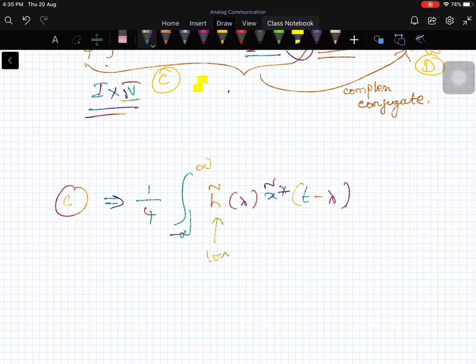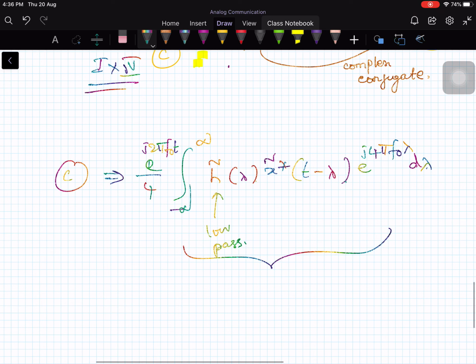Low pass means it is a slowly varying signal, that's all. Then e to the j 4 pi f naught lambda d lambda. This is a constant, you can bring out e to the j 2 pi f naught t. Now how will you simplify this integration?